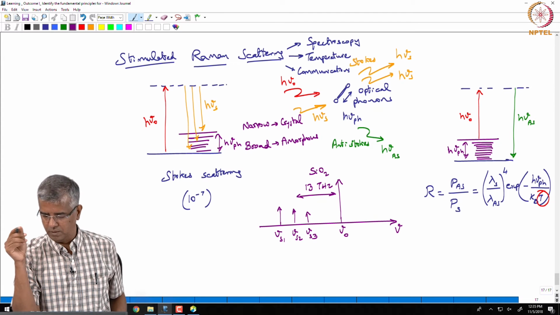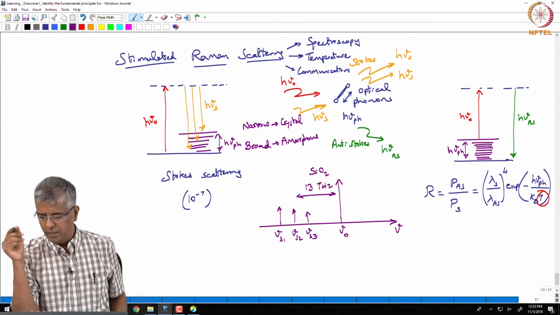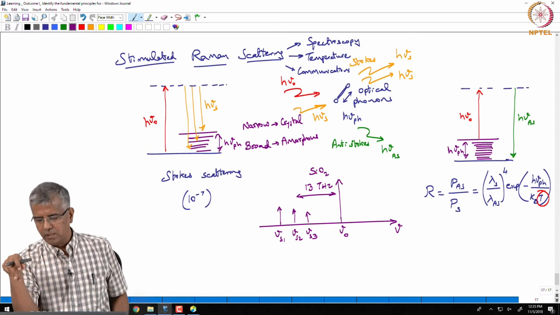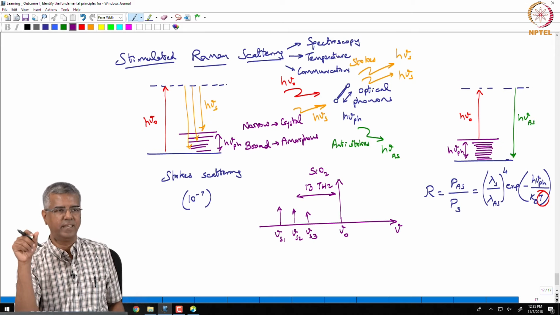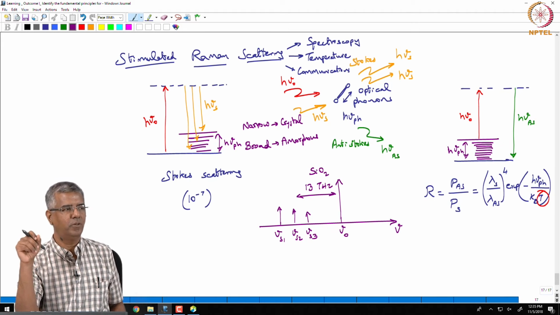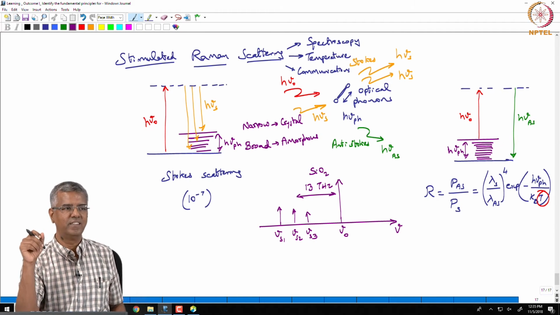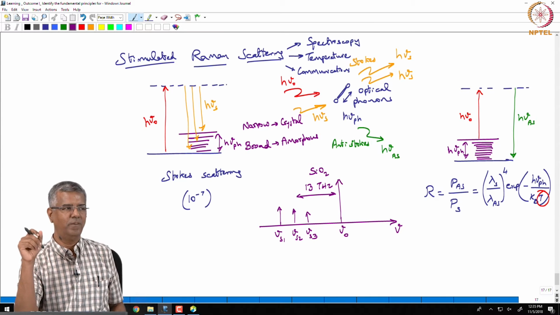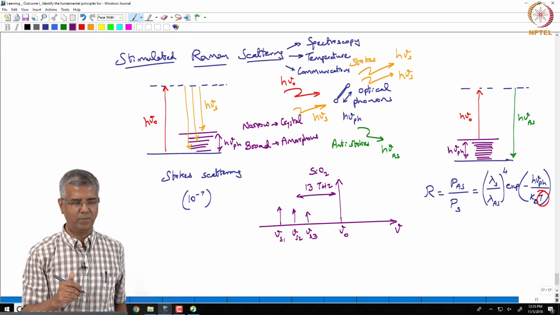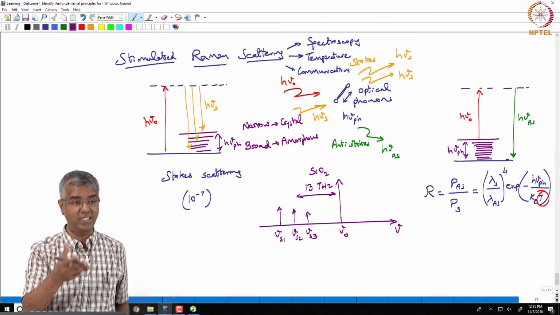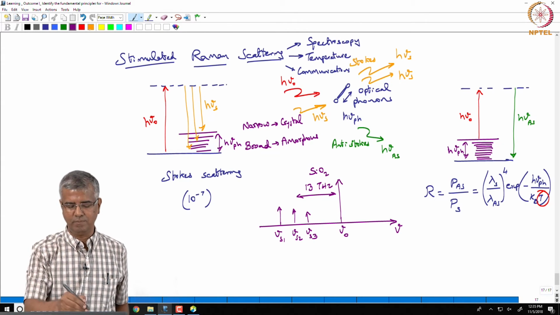Silicon material has its own value. But what I was saying is you can get stimulated Raman scattering, and what does that mean from this optical process? Amplification is possible here.